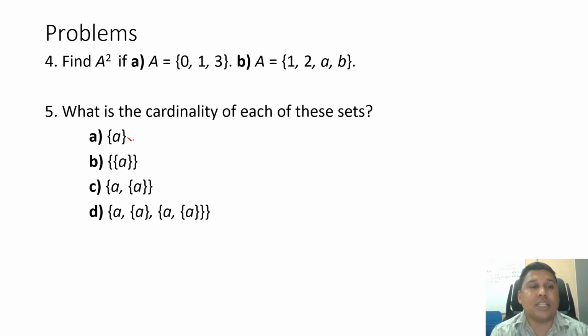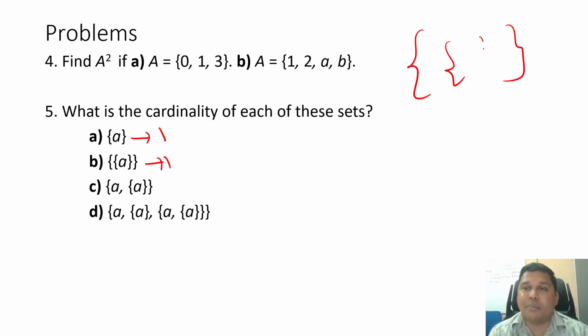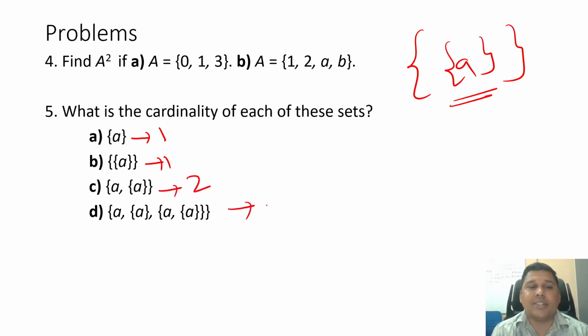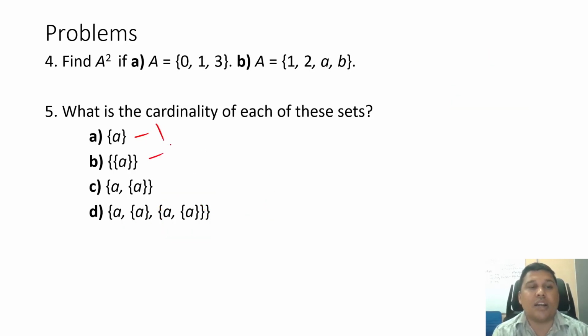Cardinality means the number of elements in the set, the size of the set. So this size is 1 because there is one element. Here also it is 1 because inside that we have the set A like this. This is 2 and this is 3, because element 1, element 2 and the outer flower bracket is element 3. So the cardinalities of these are 1, 1, 2 and 3.